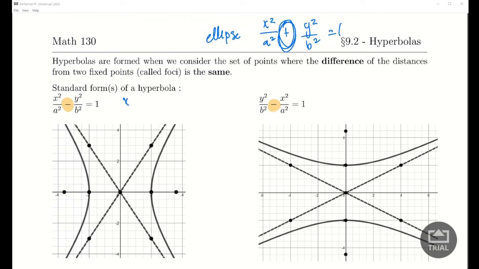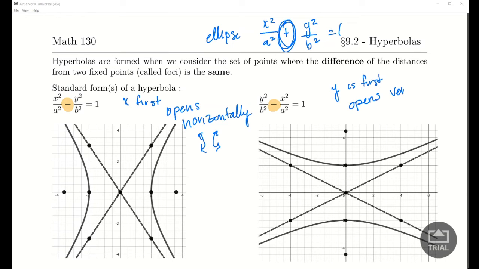If x is first, in front of the minus sign, then it opens horizontally. So like this. If y is first, it opens vertically, like this one over here.